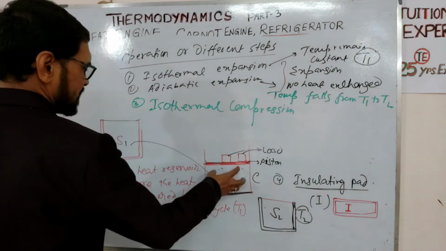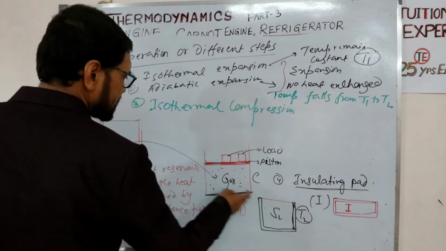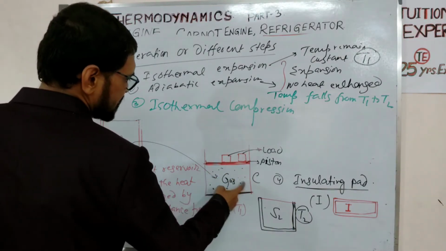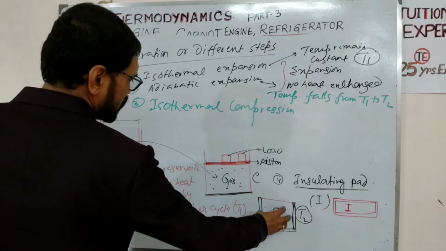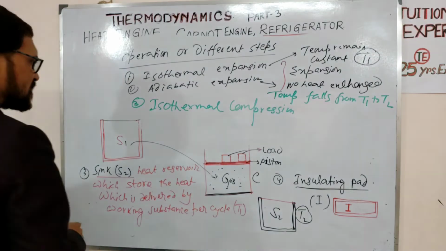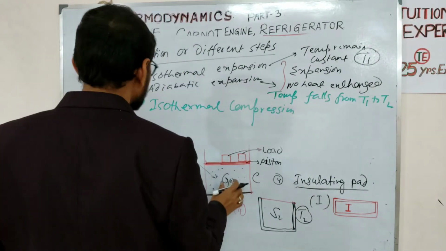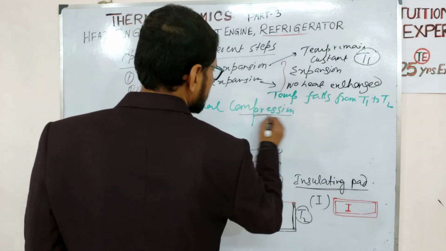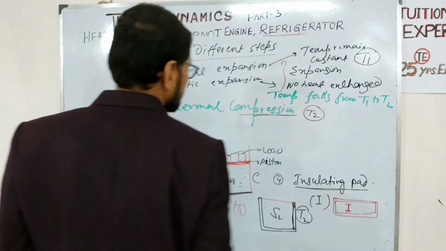As the temperature is less, the heat enters the sink. The sink absorbs the heat, so the gas is compressed. While the gas is compressed, the temperature remains the same. So the temperature remains T2.